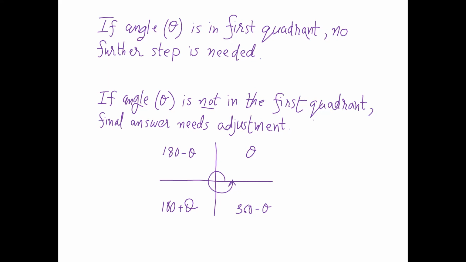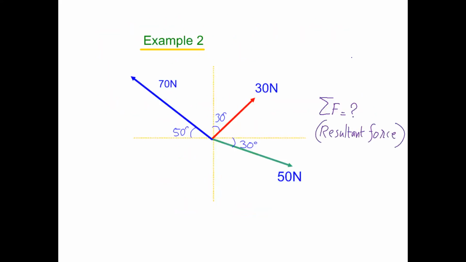Done. Now, it means that you need to see the sign plus or minus of x and y. Now you have to copy the second example.